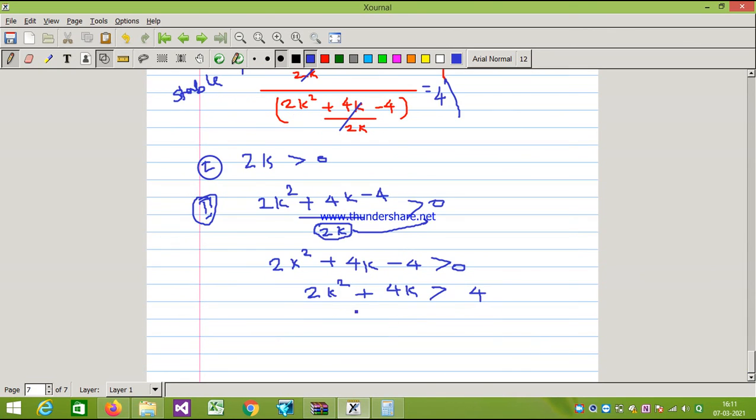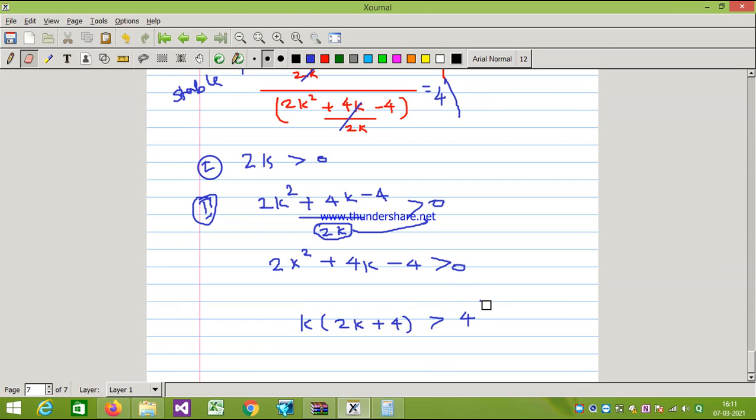What to do? Now k is common here, can we take k common? When we take k common, what is inside? 2k is remaining and 4 is remaining, so it becomes 4, right? Now, one second, I think it is a little bit difficult. Okay, otherwise there is another way.